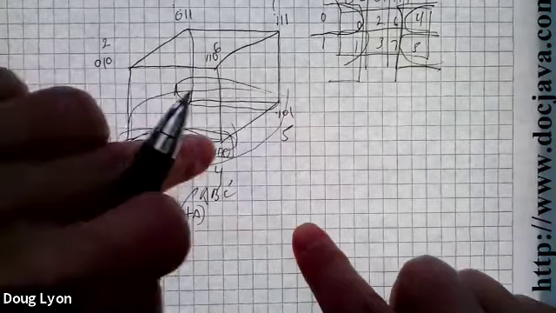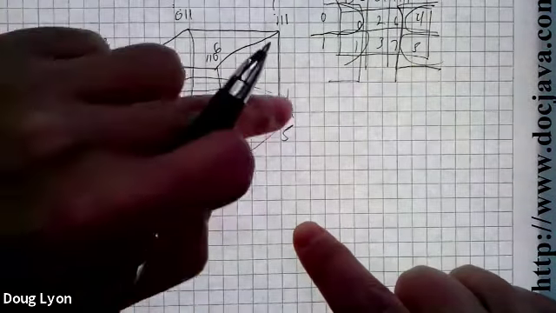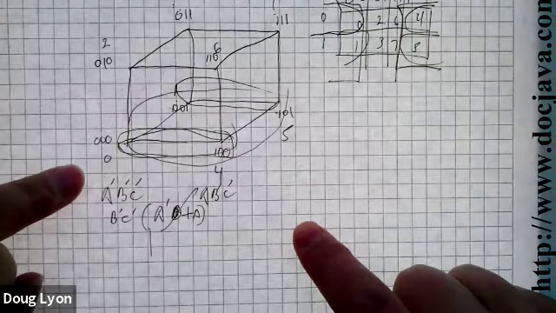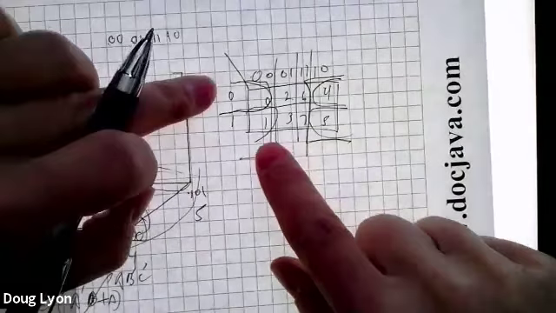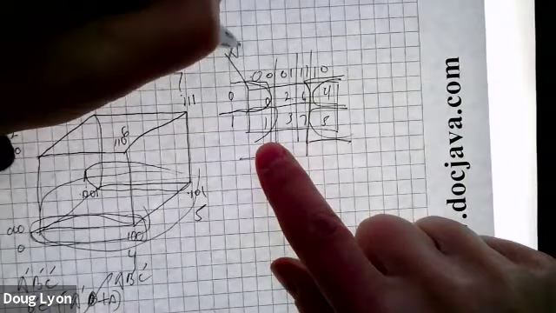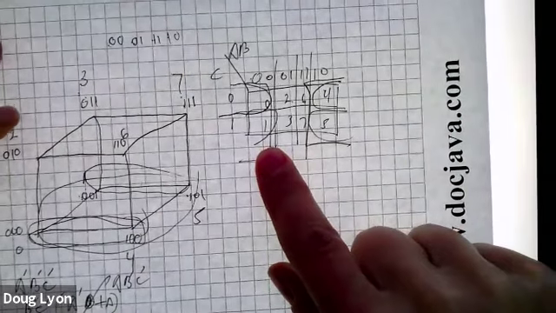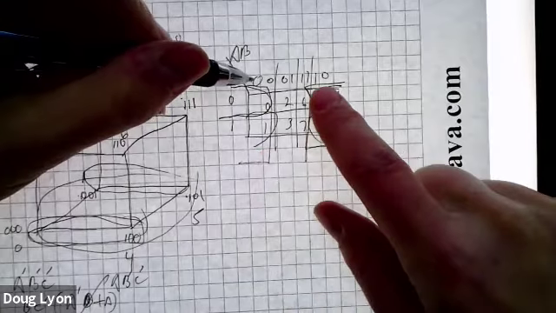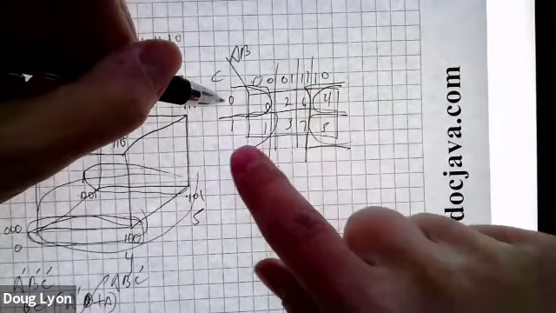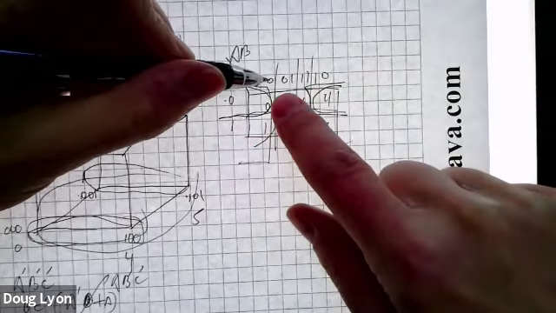And when you loop all 4 of these things together, well, what happens? You can see it here in the kmap. Sorry for not labeling it. I should have labeled it. A is changing, C is changing, B is not changing.